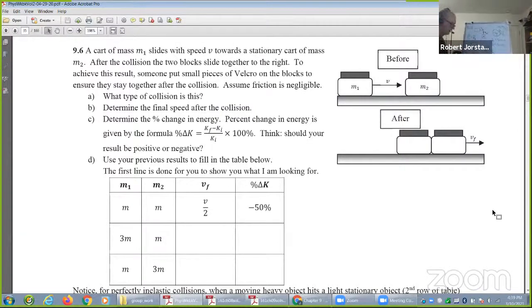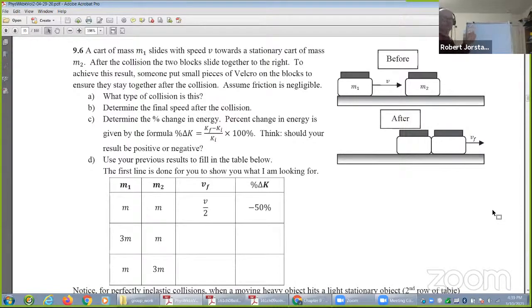The first one, I'm going to go pretty slowly, and then we'll rapidly pick up speed. This is 9.6.